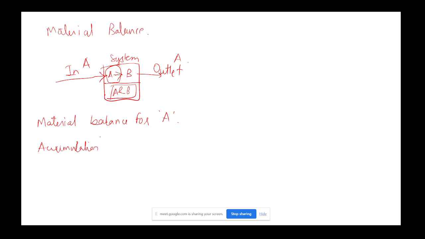When you write a material balance, all the streams that are going into the system, or the species generated inside the system, since they add to the amount of that material in the system, are denoted with a positive sign.